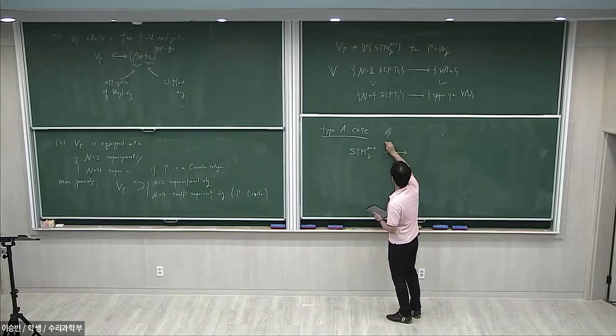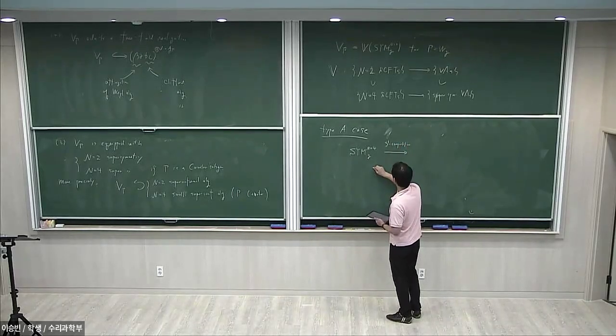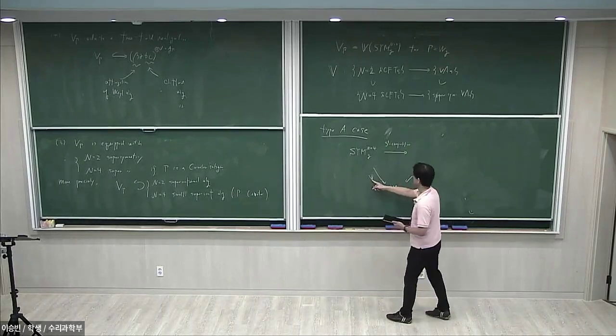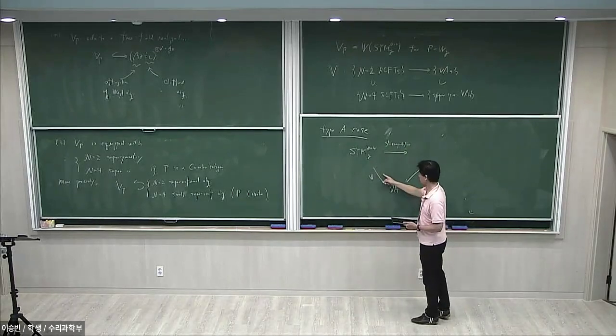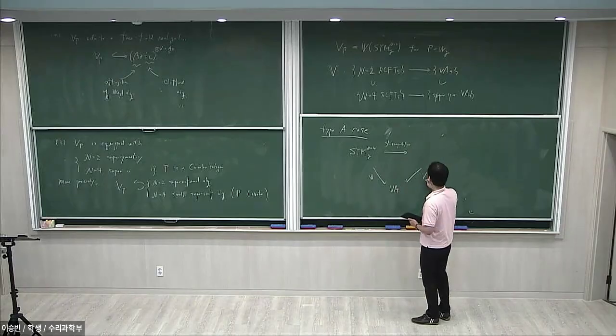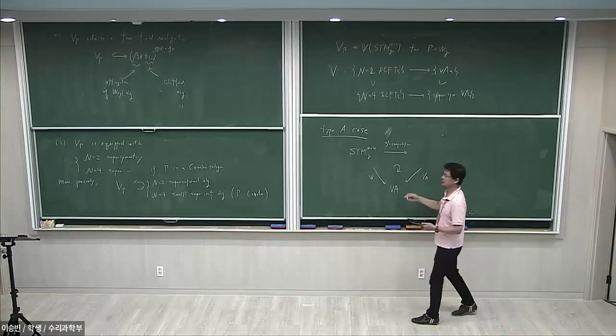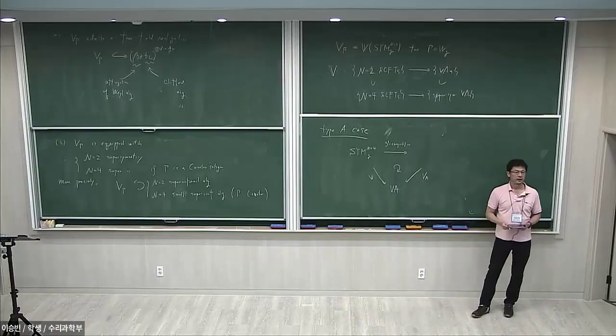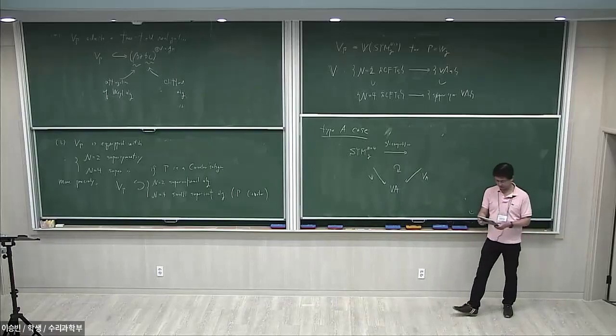And take this map of Beem, or you can consider a twisted vertex algebra here. In this case, we are in a lucky situation that this diagram completes.